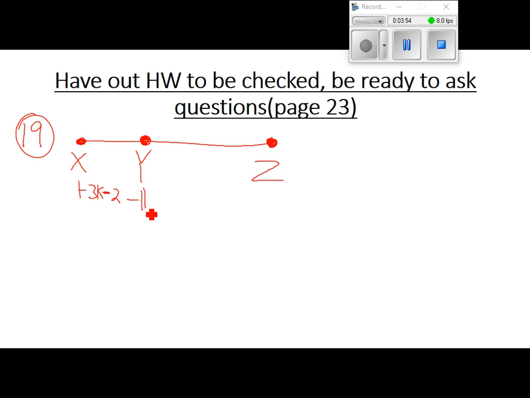Did they tell us something about Y to Z? What was it? Plus 4. And did they tell us something about X to Z? 4K plus 38.